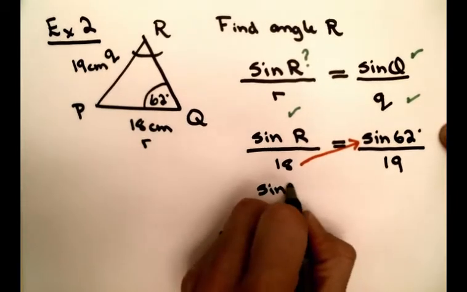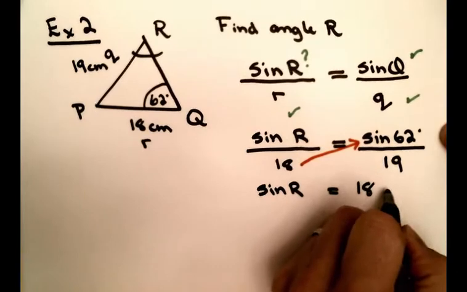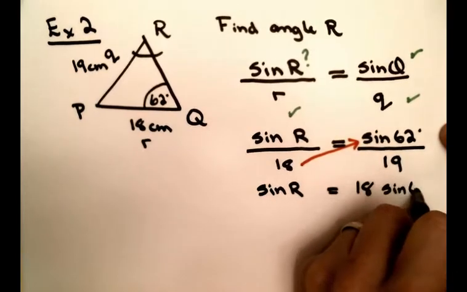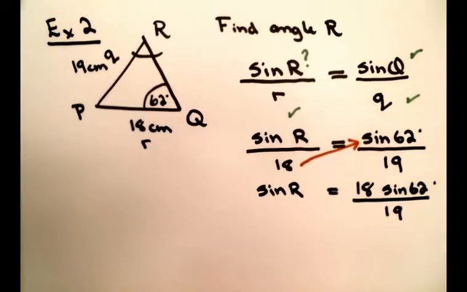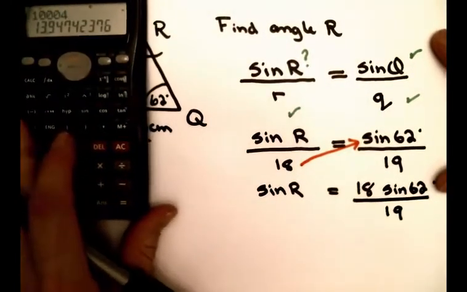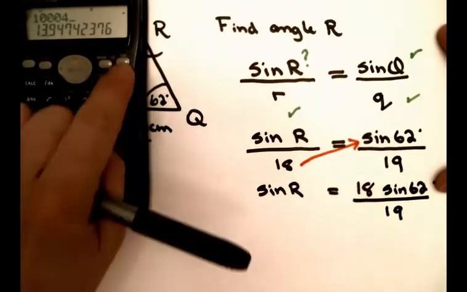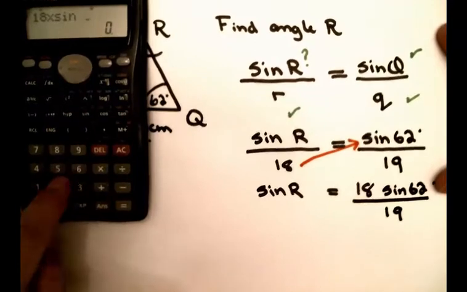Sine r equals 18 times sine 62 degrees over 19. And you're ready to put that in your calculator. Okay, so I'm just going to hit clear. 18 times sine 62.